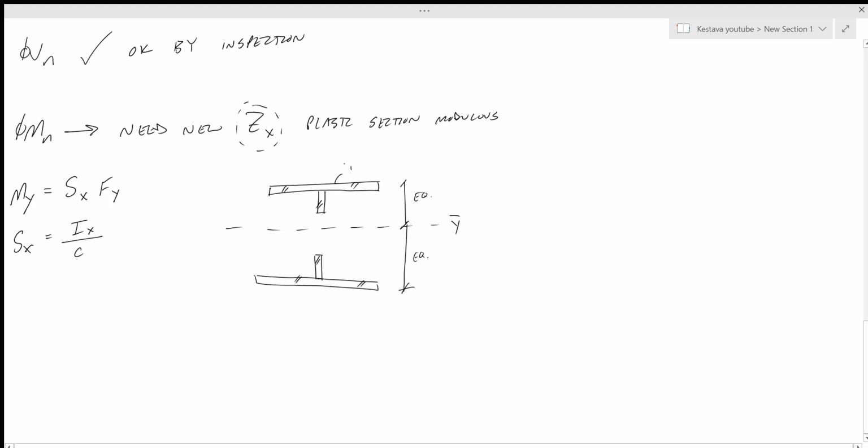But what we need to do is find our effective I, which means you need to break it down into sections. So you need to do your summation of Ix, which is I1 plus A1 D1 squared plus I2 plus A2 D2 squared.